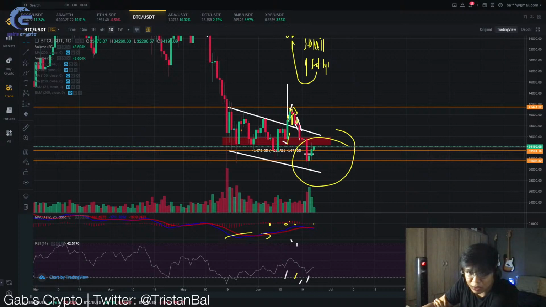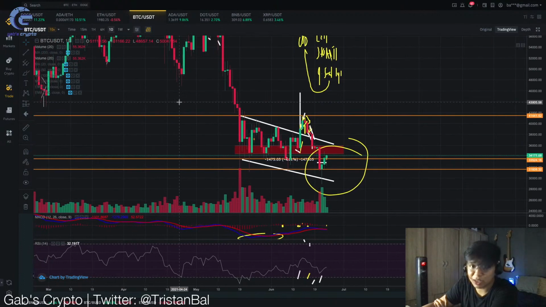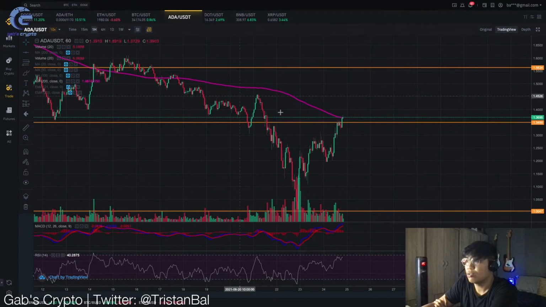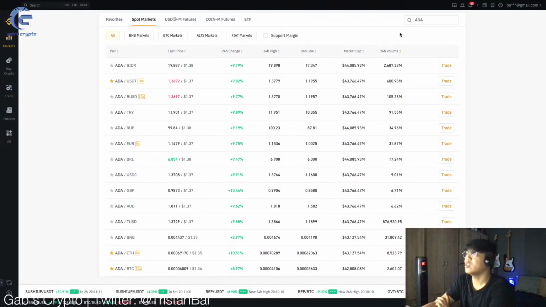What's your price prediction for Cardano on December 2021? Actually, nasagot ko na to sa isang video. Pero yeah, let's do a realistic price prediction ulit kay Cardano. So right now, Cardano is 1.36 US dollars. Let's look at the Cardano to Bitcoin dominance chart.